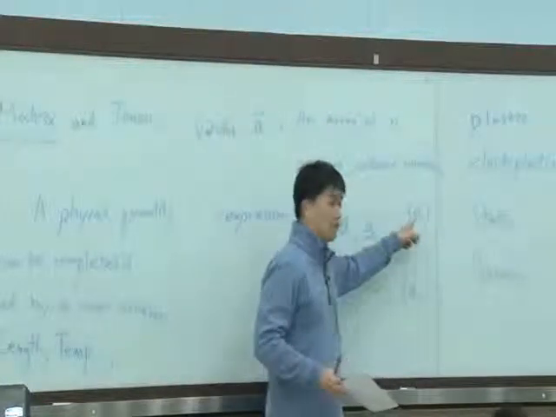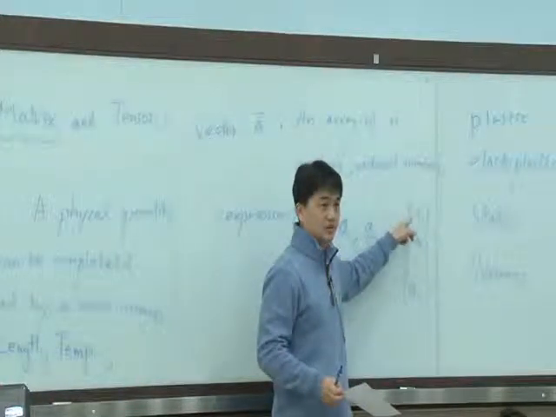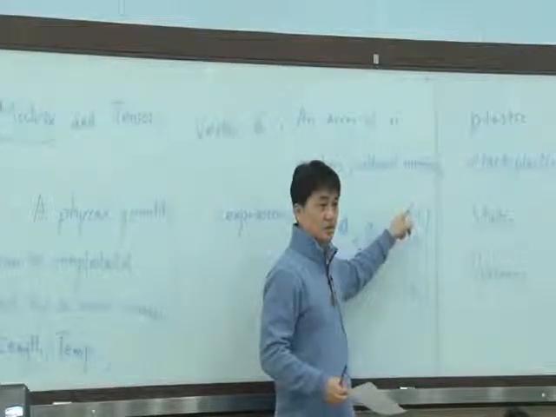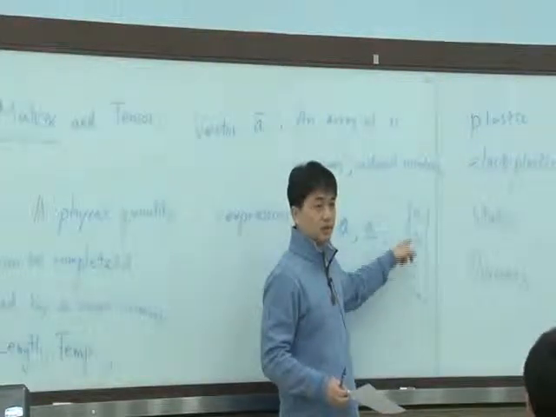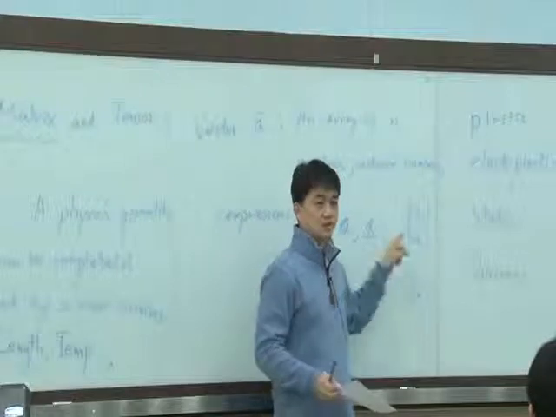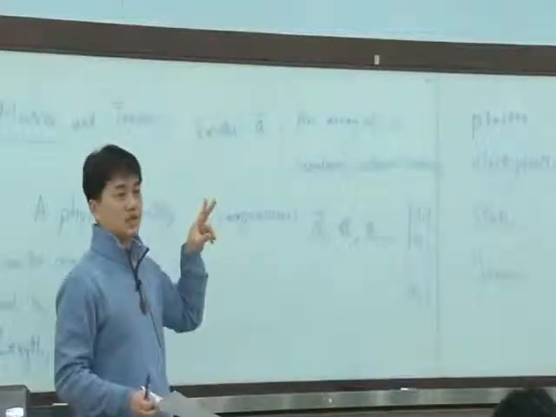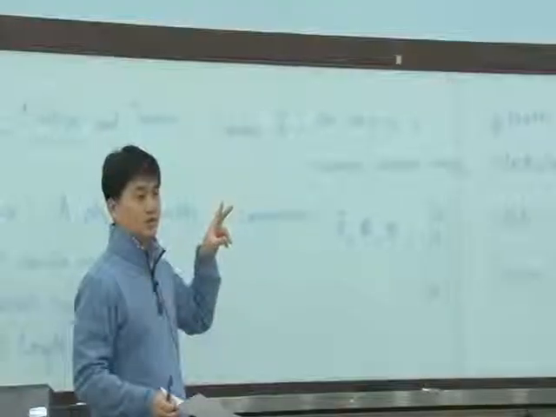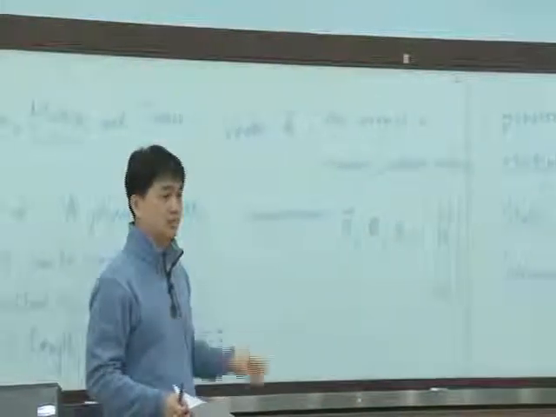Here A1, A2 are numbers, scalars, so I put n numbers in an array. So a vector is a set of scalars, ordered numbers, an array of numbers.